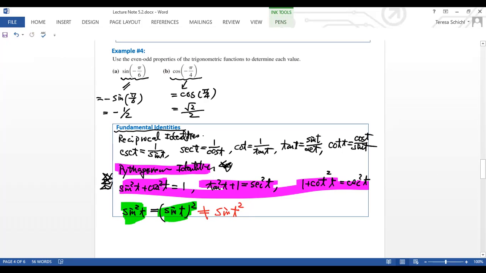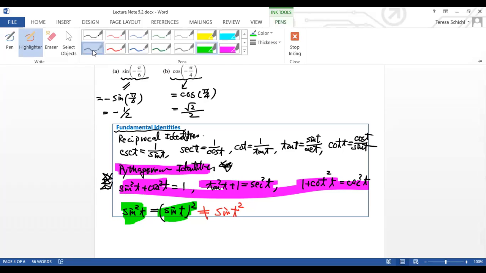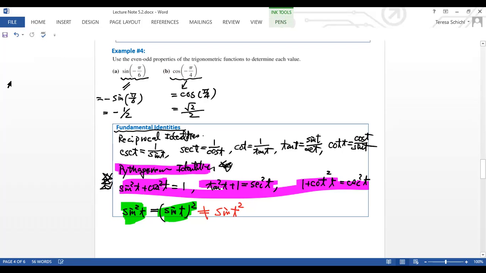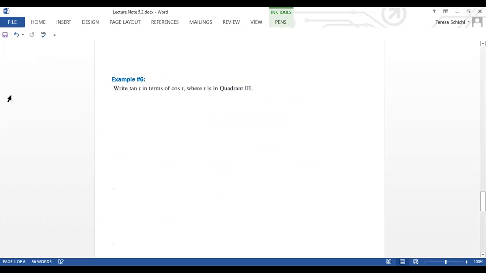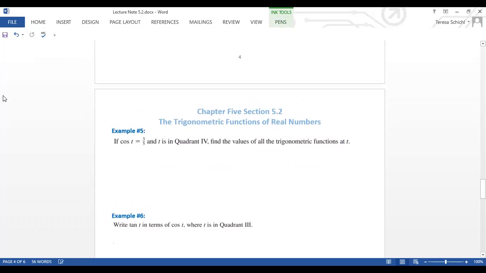All right, so now let's take a look at our next ones here, example number 5. Let's take a look at the example. This is a super important type of example.